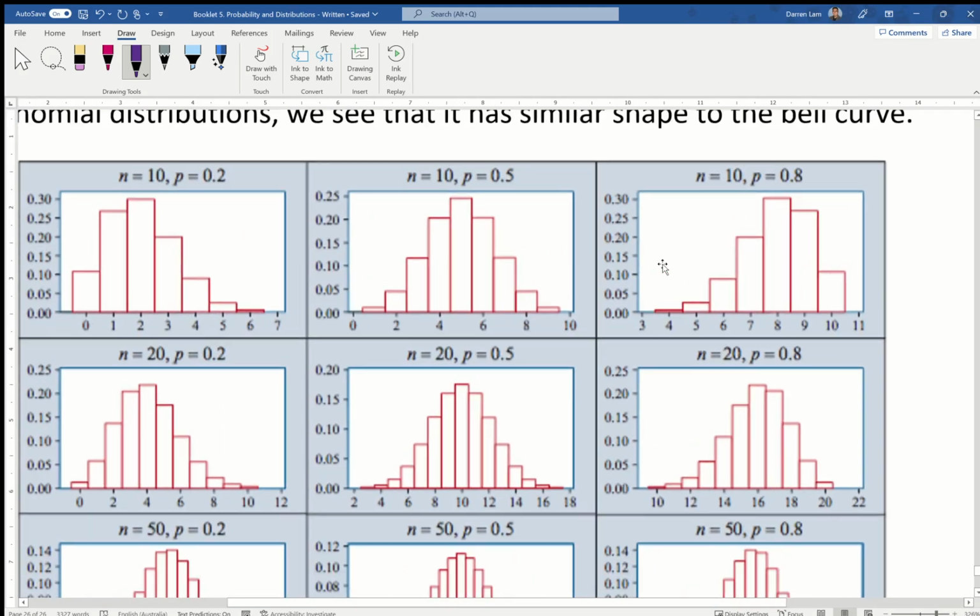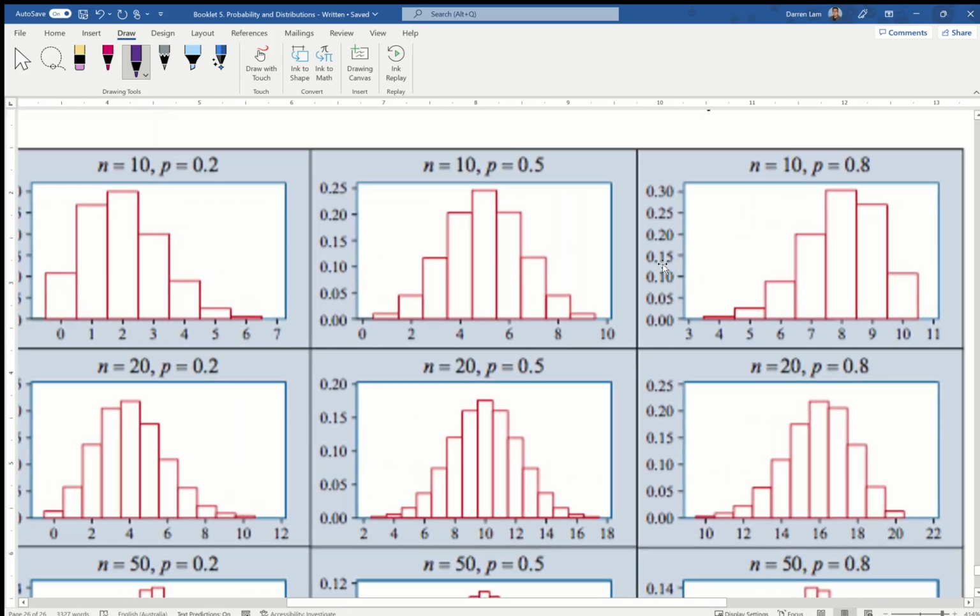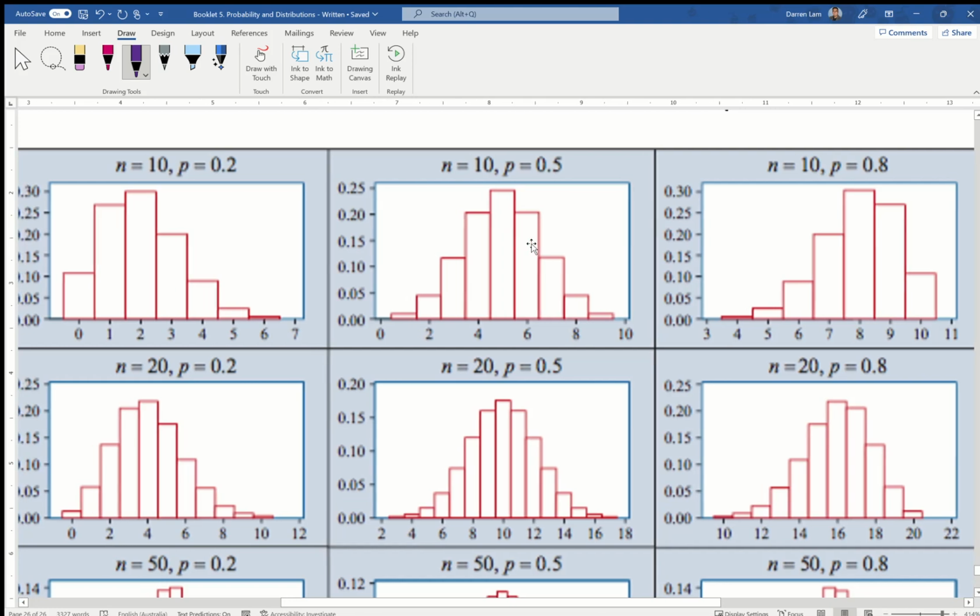If you look at this first row, you'll see n representing the sample size and p representing the probability. Based on those two values, you can see what our binomial distribution looks like. If n equals 10, we keep our sample size at 10 across the first row and change the probability from low to high: 0.2, 0.5, 0.8.